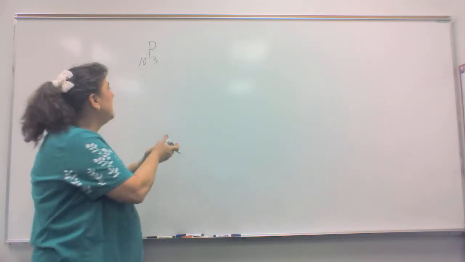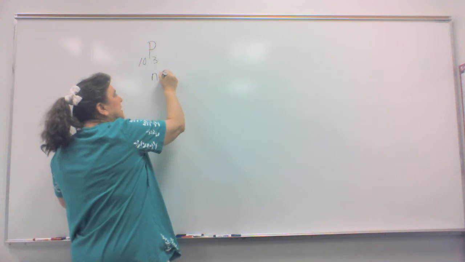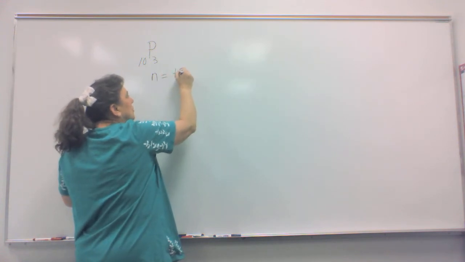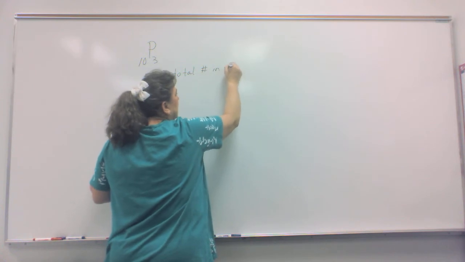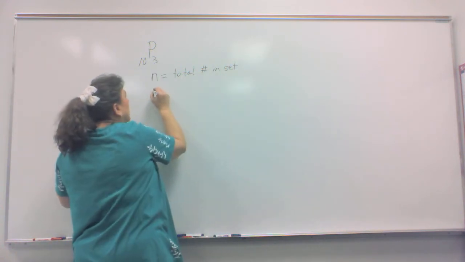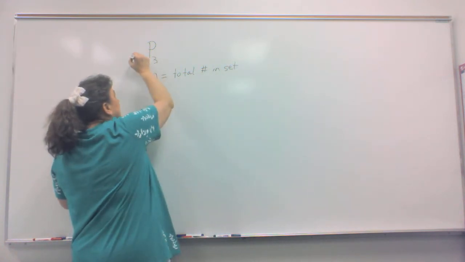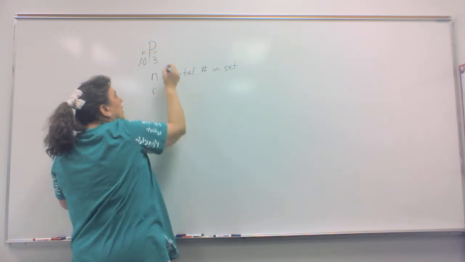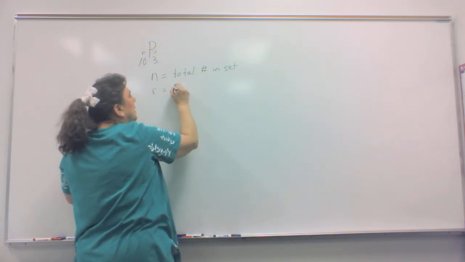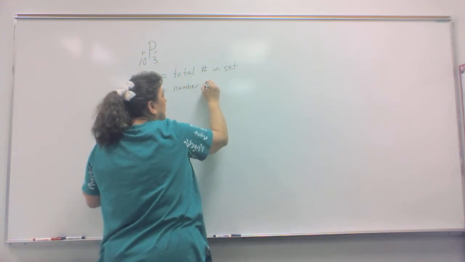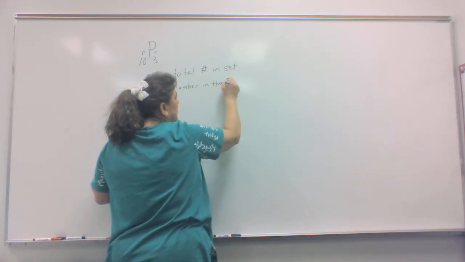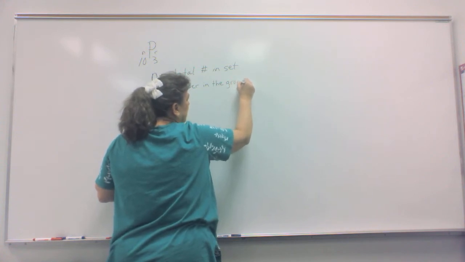Okay, so 10 is your n, because n is equal to the total number in the set. And r is equal to the number in the group that is chosen out of the set.